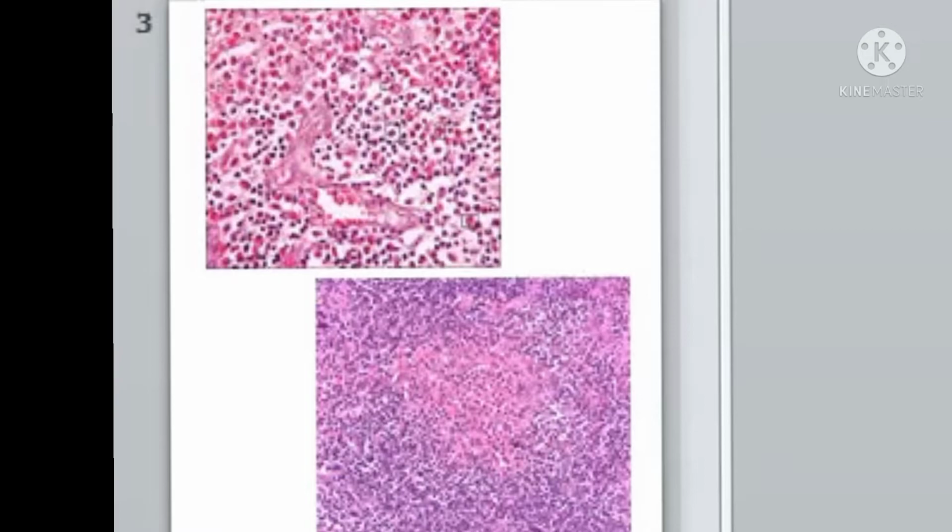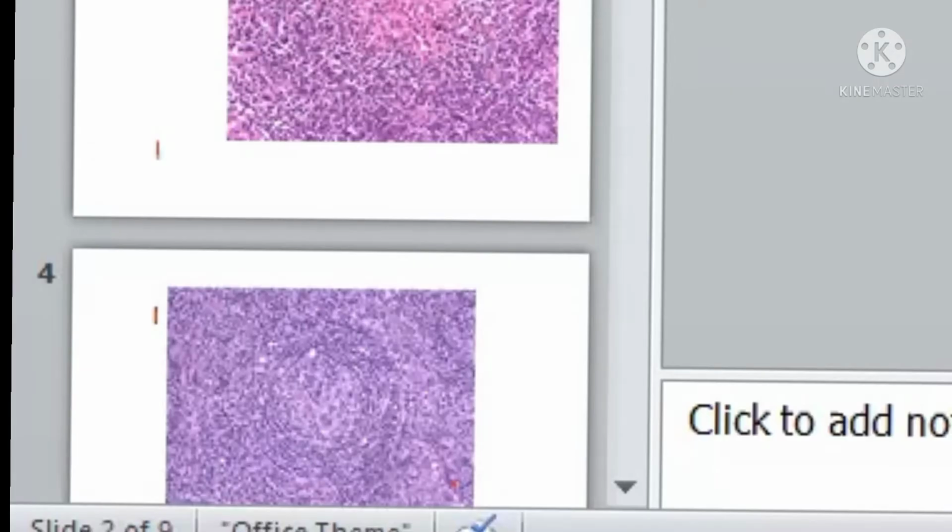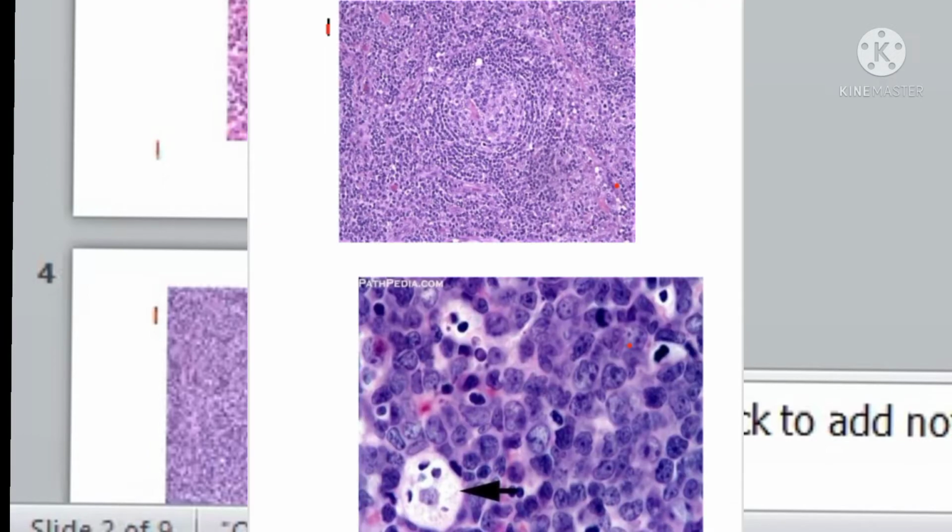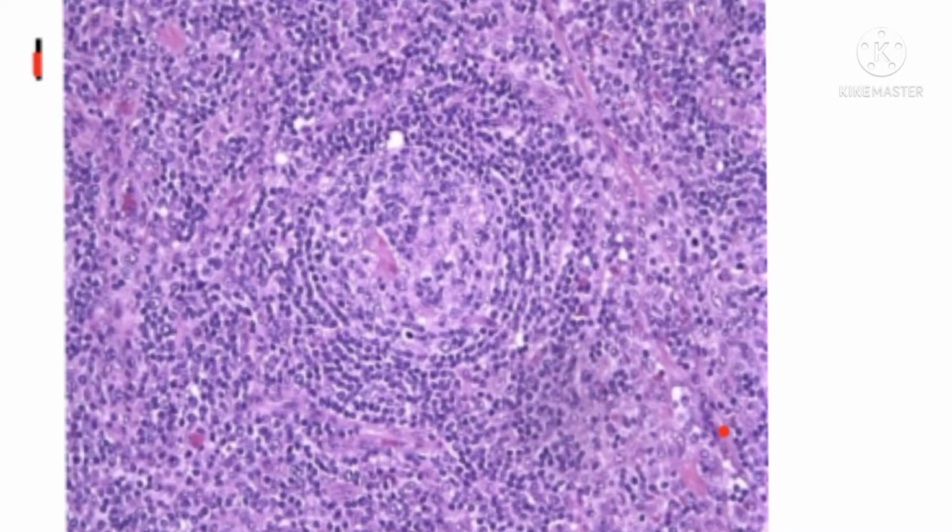Next. Okay, these are 2 different pictures. In this first picture, what are you seeing? Any one of you can tell me? Louder. What has happened to the follicle? What is surrounding the follicle? String of pearls, beads appearance of the mantle zone of the follicle, seen in Castleman's disease.